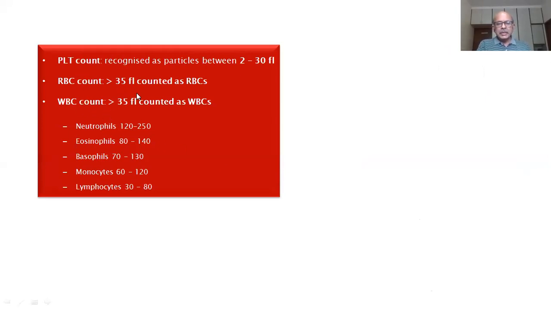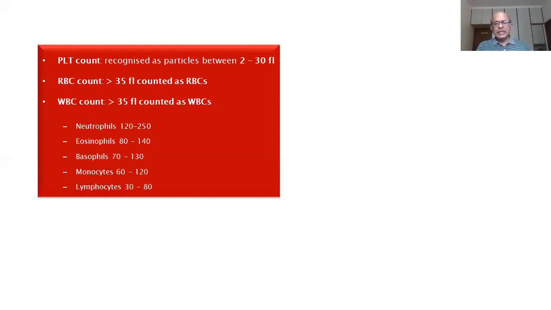In the next chamber, you have the WBC, which is counted. Platelet and RBC are counted together, and any cell which has a size between 2 and 30 femtoliters is counted as a platelet. Any cell which has a size of more than 35 femtoliters is counted as a RBC.